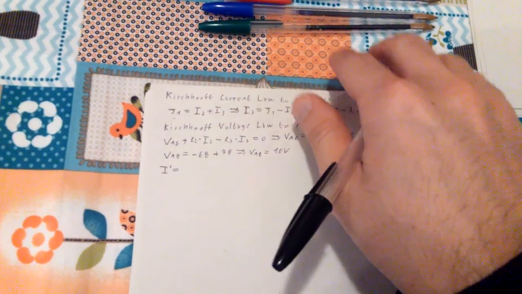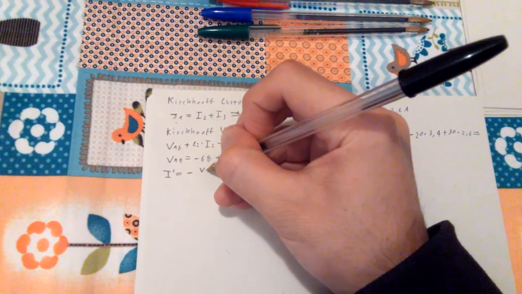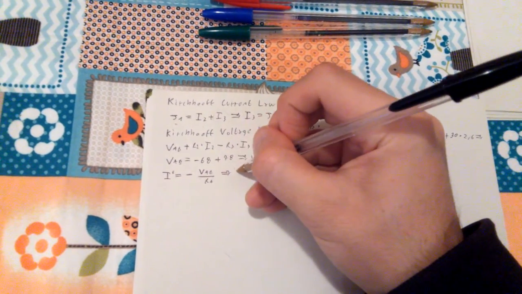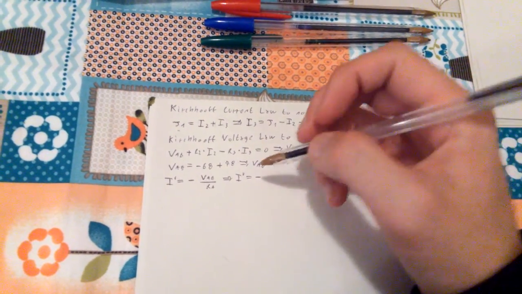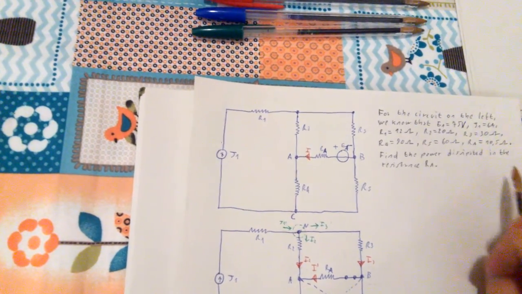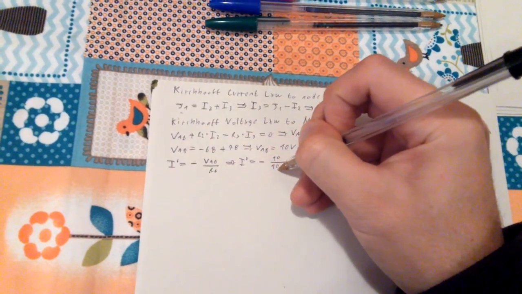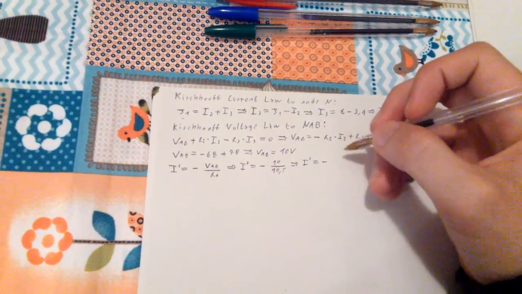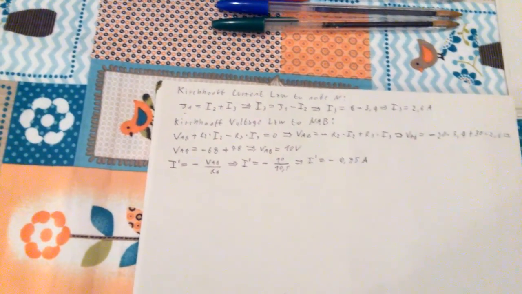Basically Ohm's law says it's going to be VAB over RA. So I first is VAB, 10 volt, over RA, 10.5. So I first is 10 over 10.5, which is just 0.95 amperes.